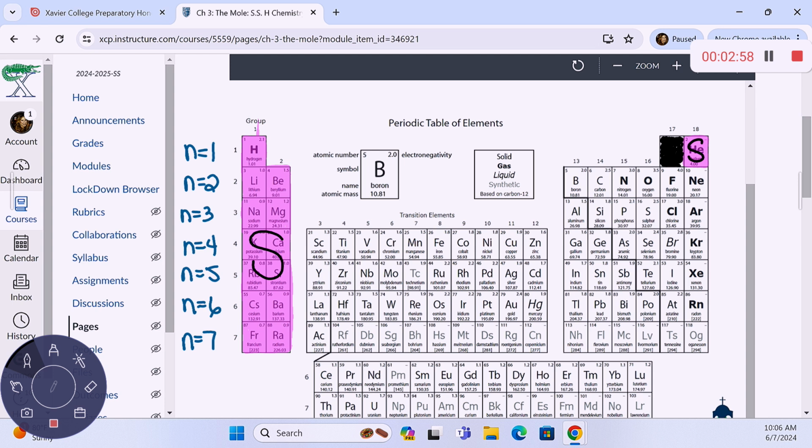So this hydrogen is really not relevant to what we're doing. Okay, so that's out. Next I'm going to get a different color, and I'm going to color this entire section on the right-hand side yellow. And this is the P subshell.